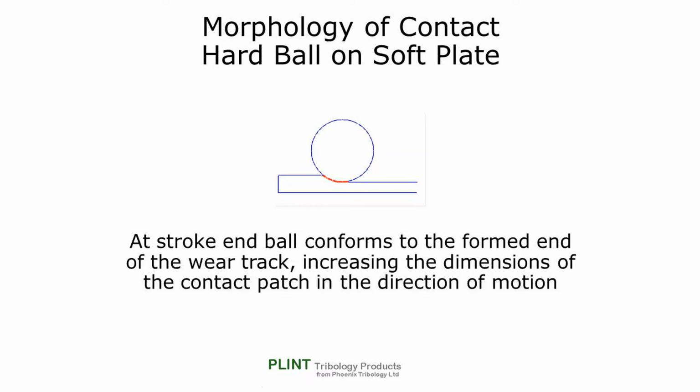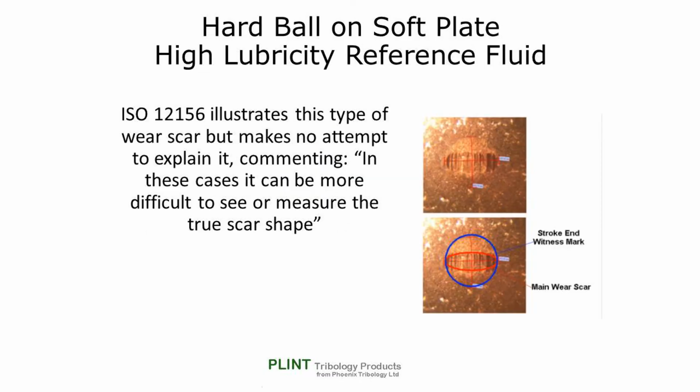However, with reciprocating motion at stroke end, we would expect the ball to conform to the formed end of the wear track, increasing the dimensions of the contact patch in the direction of motion. Exactly this effect is evident with the tests using the high lubricity, the good reference fuel, with wear scars showing an elliptical wear scar with grooving in the direction of motion, plus end of stroke witness marks which lack directionality.